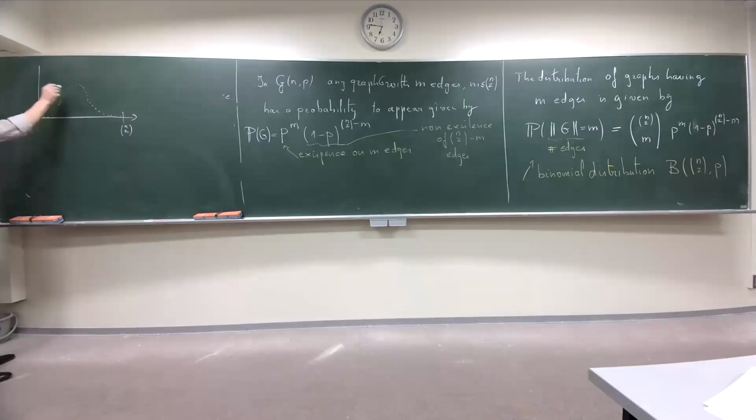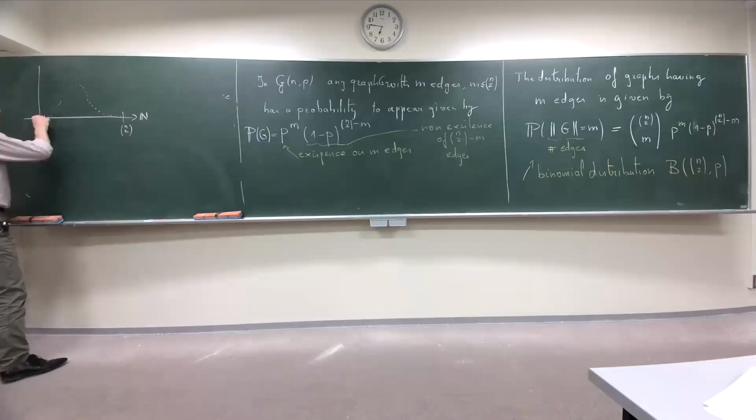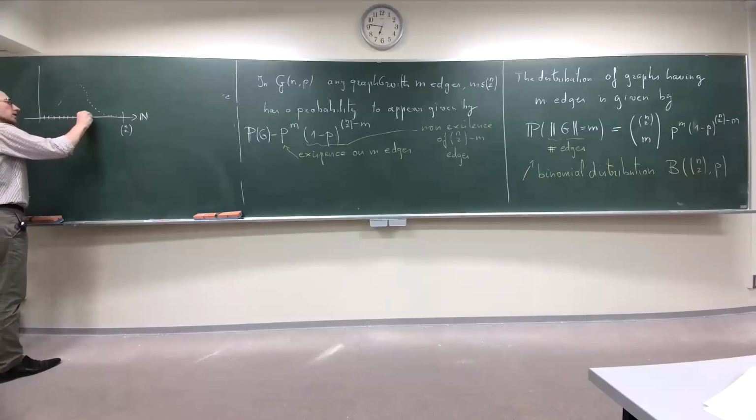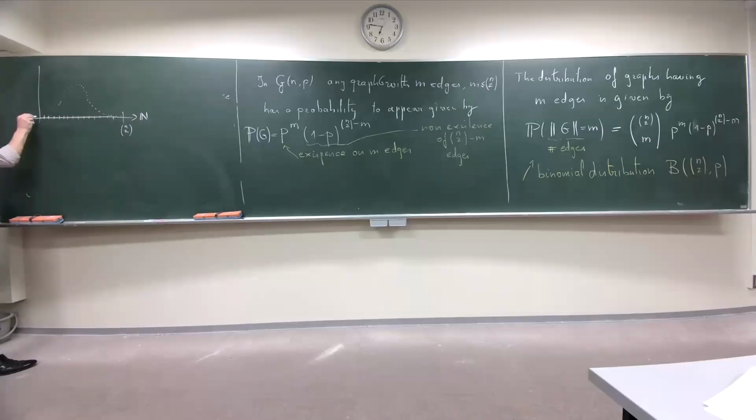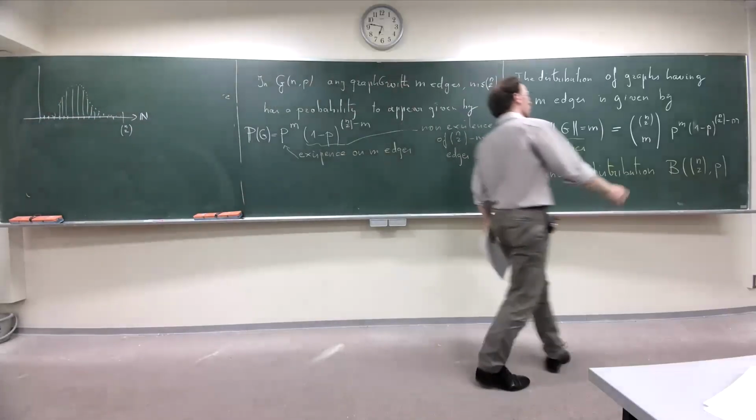Be careful, I put some dots because it's discrete. So you have the probability to have 0 edges, 1 edge, 2 edges, 3 edges, and so on. And if you sum all these numbers, because it has to be a probability distribution, you should get 1. It's given by exactly this formula.